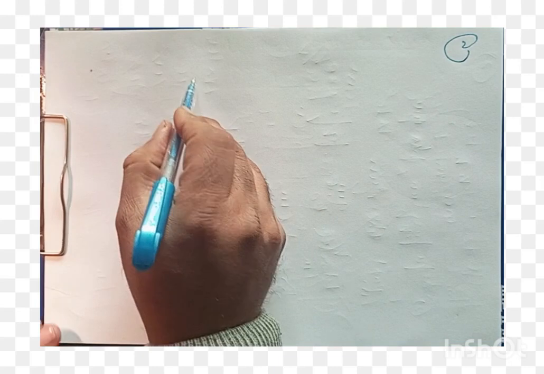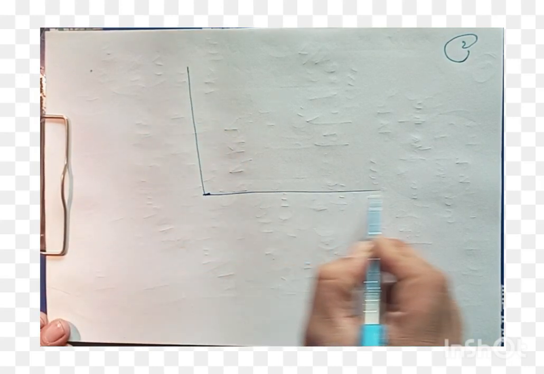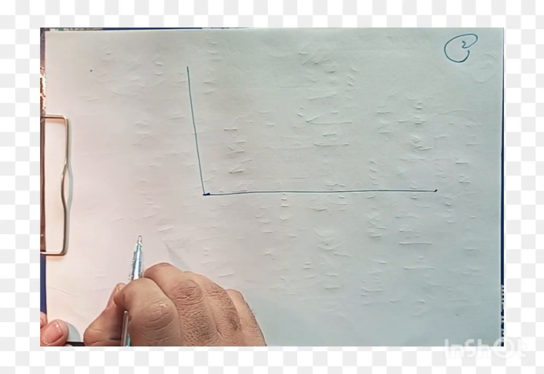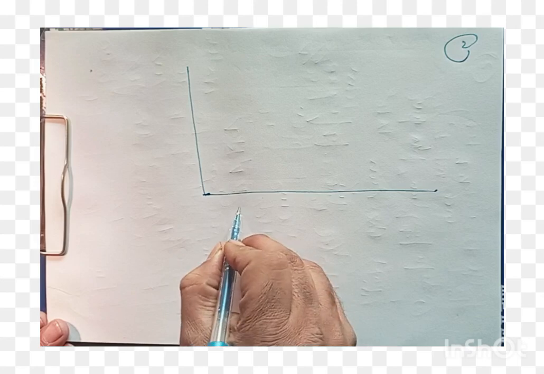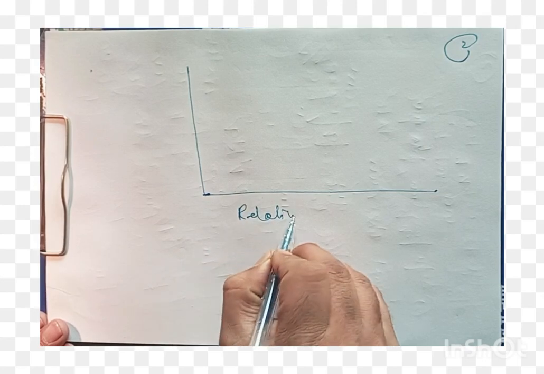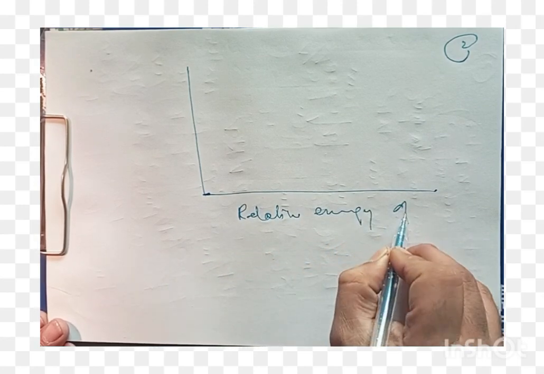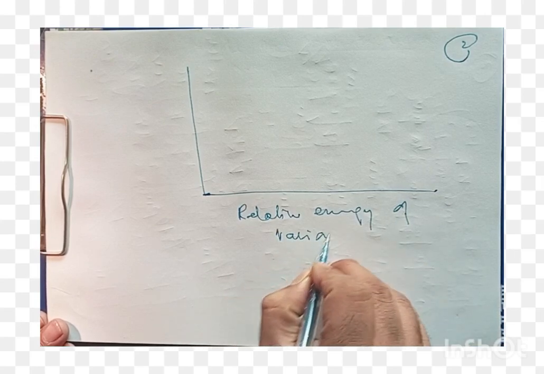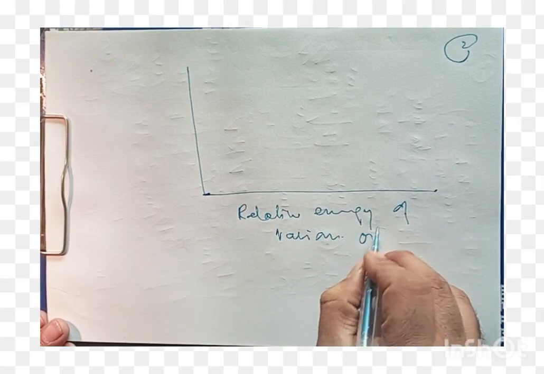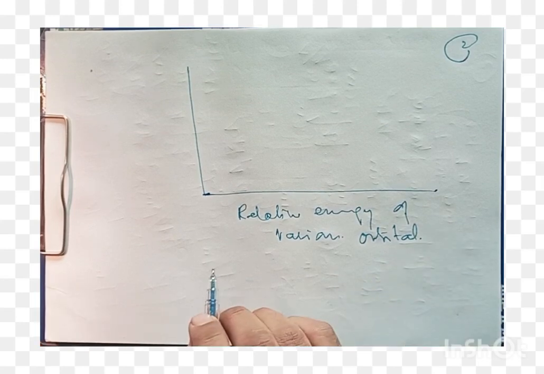For this I will have the energy axis, showing the relative energy of various orbitals. An orbital is a region where the probability of finding that electron is maximum.